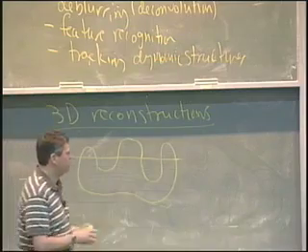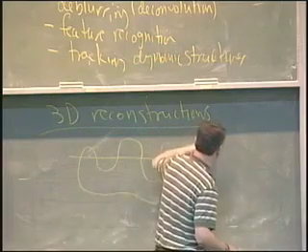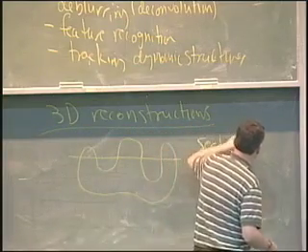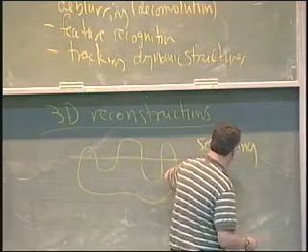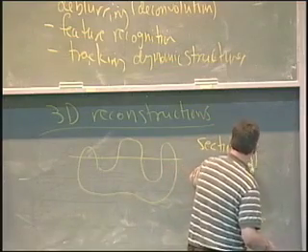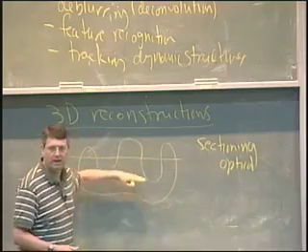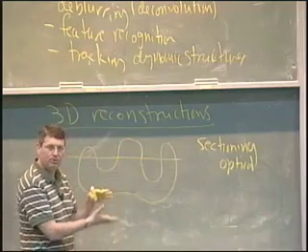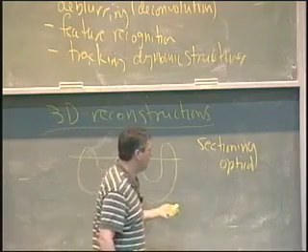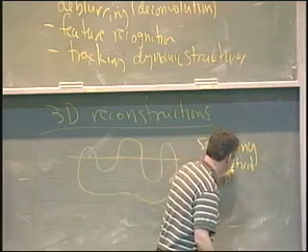Okay? There's two kinds of basic approaches. There's sectioning, which can be either optical, in other words, you're focusing on different planes at a time and then having the computer assemble those all, or there's actual physical sectioning.